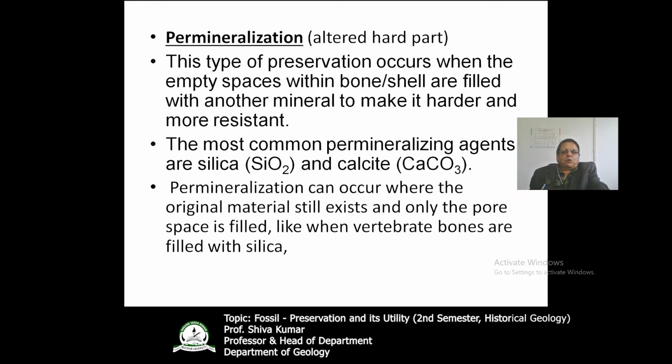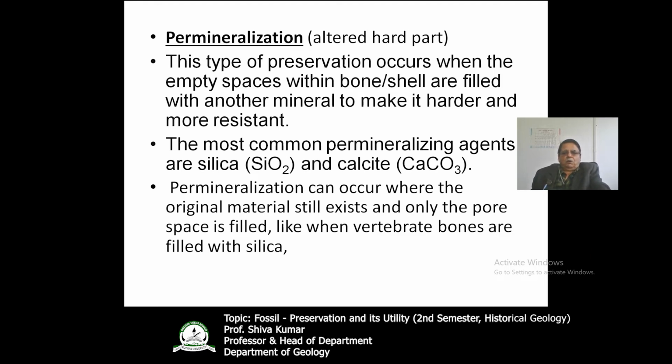The most common permineralizing agents are silica, SiO2, and calcium carbonate. Mostly permineralization takes place when the hard parts change to either siliceous or calcite, carbonate composition.